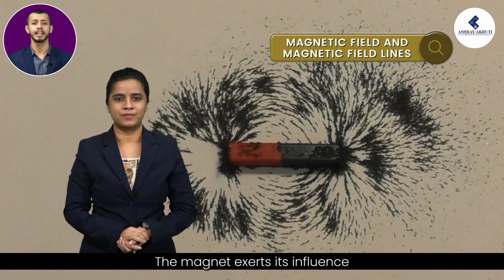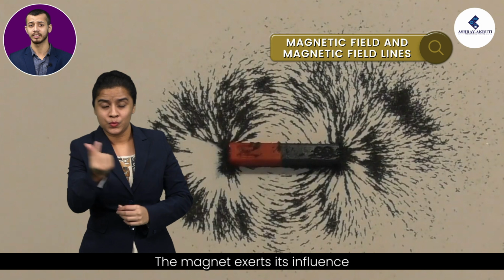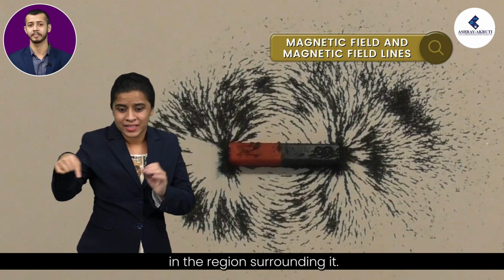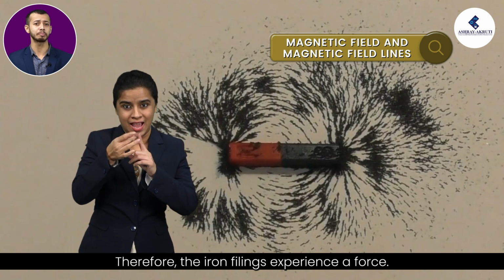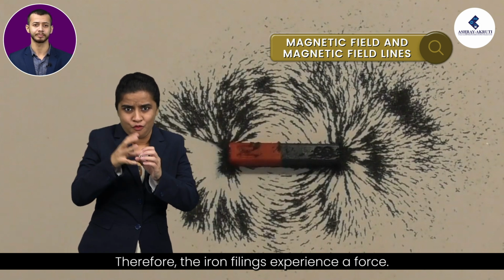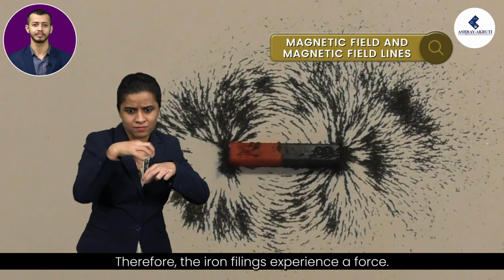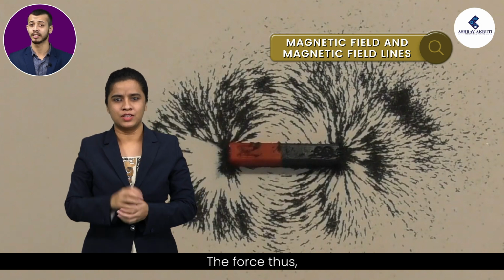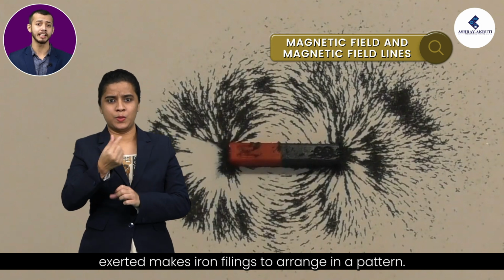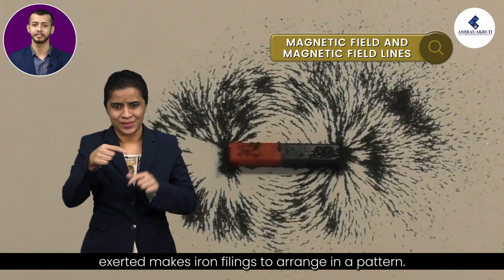The magnet exerts its influence in the region surrounding it. Therefore, the iron filings experience a force. The force thus exerted makes the iron filings arrange in a pattern.